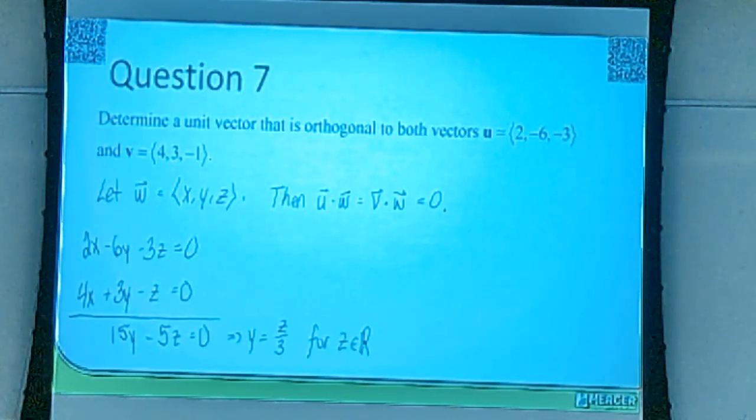Now we just plug y equals z over 3 into one of the other two equations to solve for x. What would be the easiest one?